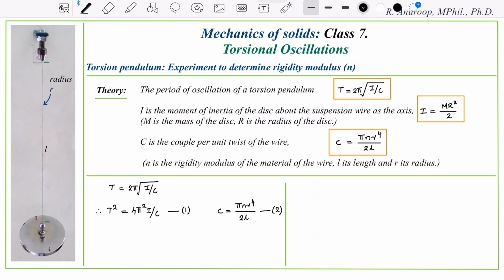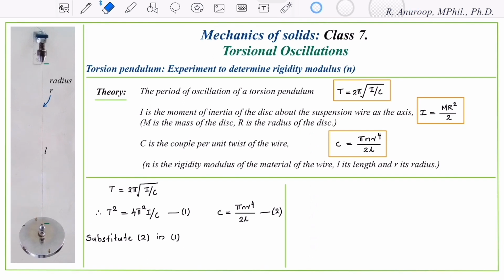Now substitute 2 in 1. Substituting equation 2 in equation 1, we have T square is equal to 4 pi square I divided by pi n r raised to 4 into 2L.